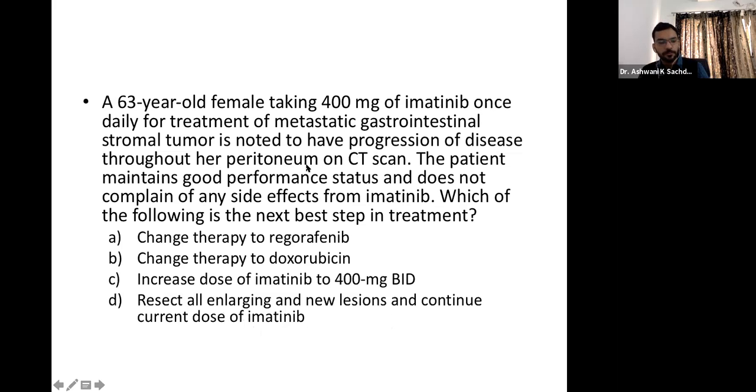If there had been only one or two tumor areas where there was progression, then we could have gone ahead with resection of the tumor and continued with the same 400 milligram of imatinib. But in this case, increase the dose of imatinib to 400 milligram BD because it is unresectable.